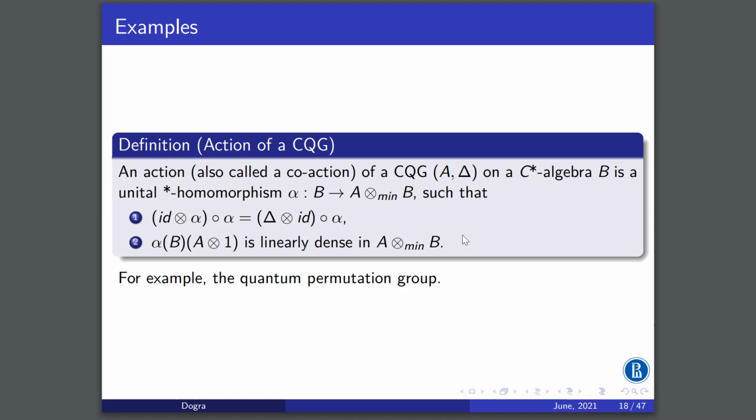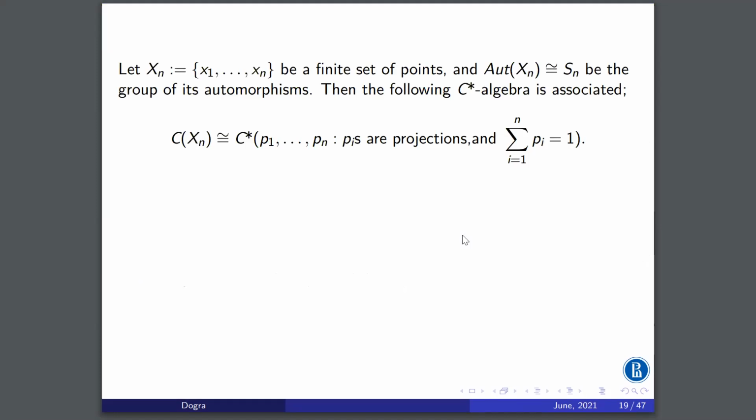And one very concrete example that demonstrates how an action works is the quantum permutation group. All right. So this example is for the quantum permutation group. Again, we start off with a finite set of points and consider its group of automorphisms. And then we associate to it the C star algebra, it's not universal yet.